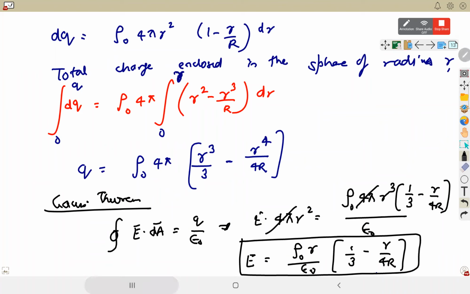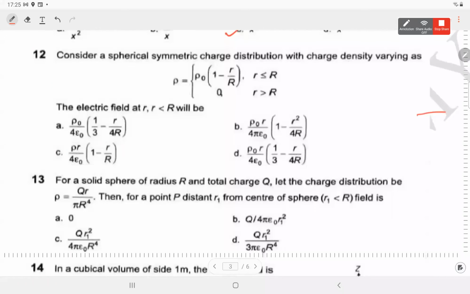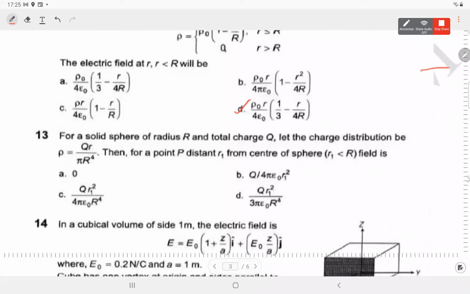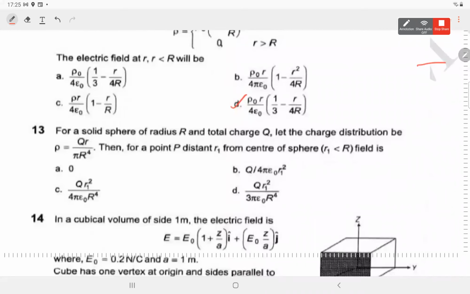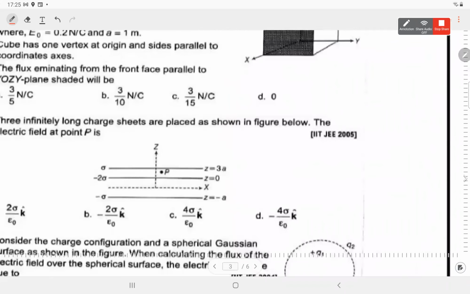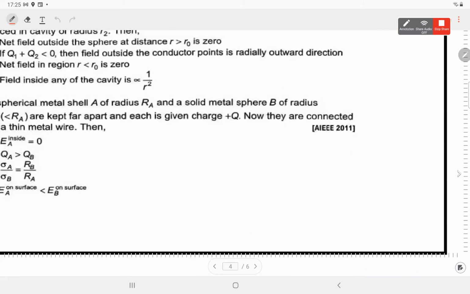So I'll suggest that all these questions you should try again once on your own if not understood well in the class. Okay, so it's going to take more time than expected, and I'm okay with it because these are the questions which have been asked in the previous set exam, and these are a very relevant set of questions.